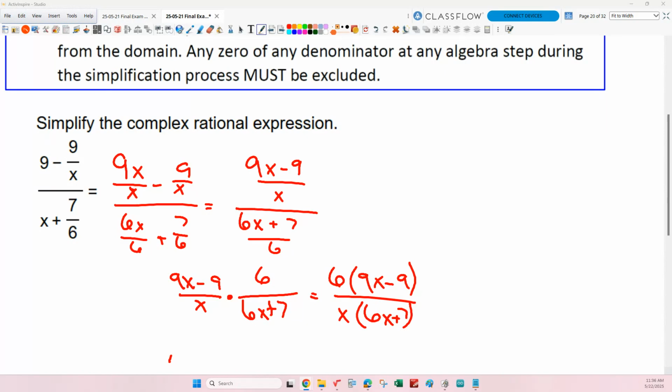What would those exclusions be? Yes, we got x cannot equal 0 and negative 7 over 6. You feeling okay with these ones? I know these can be a lot.